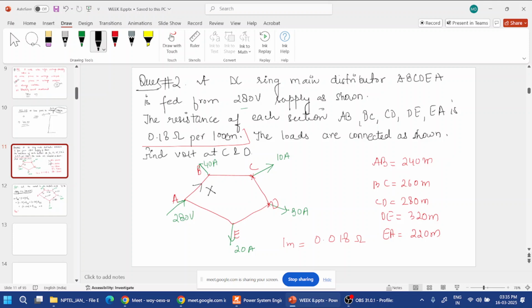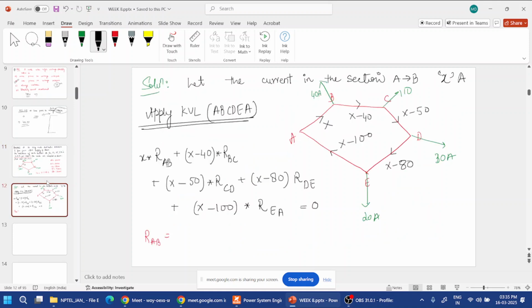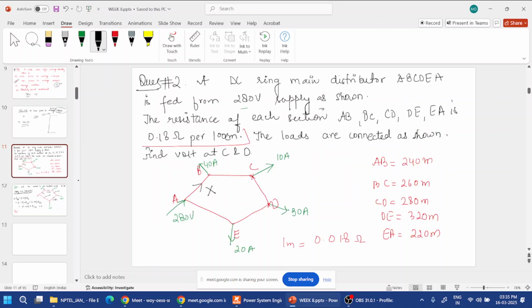Per 100 meter. So for 240 meter, it is not a direct multiplication, no? So we can change it, no problem. It is 100 meter, so we can multiply it.